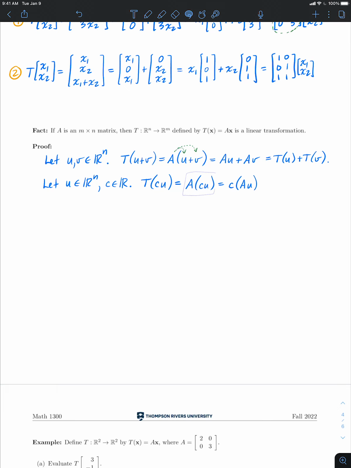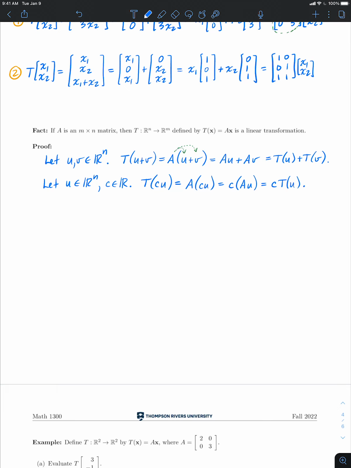If you have a scalar times a vector, which is what you have inside the brackets, and then you multiply that by a matrix, that's the same as if you multiplied the matrix and the vector beforehand and then multiplied the scalar on after. That was one of our other properties available for matrix multiplication. This turns out to be really convenient here, because now that's exactly c times T of u.